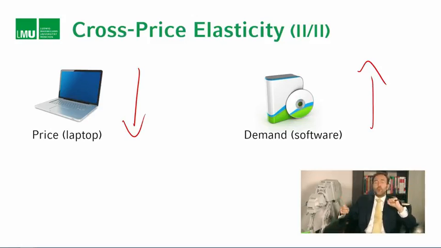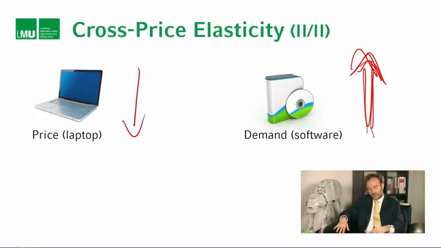First of all, we might have more demand for laptops to begin with, so there's more people buying laptops in the first place. And secondly, the people that do buy a laptop anyway will have a larger budget for additional software. So in both cases, both from new consumers and from consumers that now have more disposable budget for buying software, the demand for software goes up.